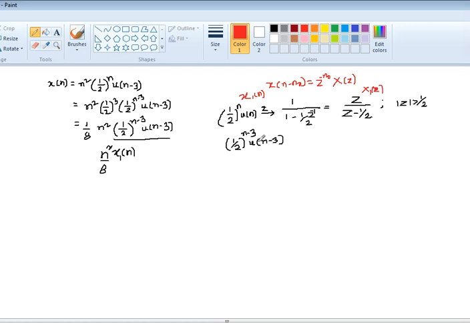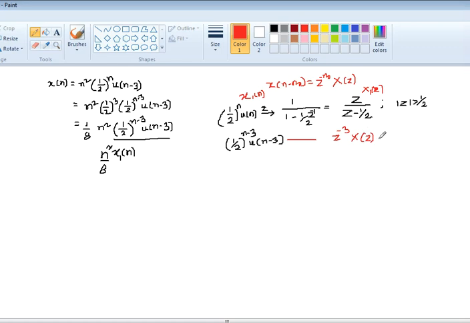So when we go for the z transform of 1 by 2 raised to n minus 3, u of n minus 3, we get the same thing, z divided by z minus 1 by 2, which is x1 of z, but this has to be multiplied with z raised to minus 3 into x of z.